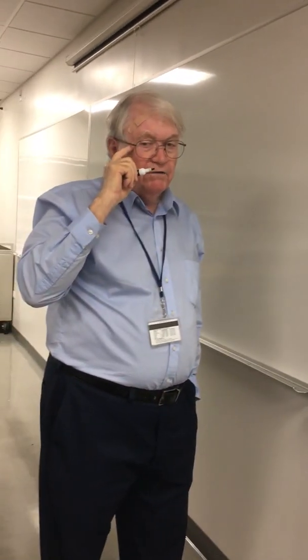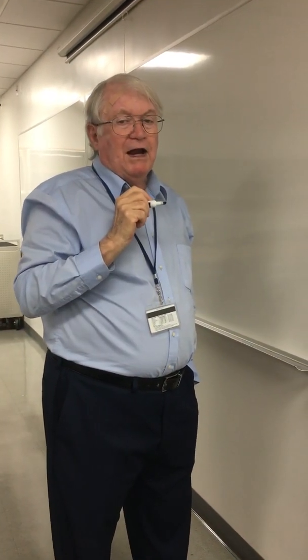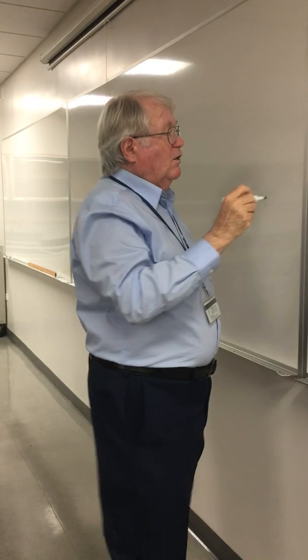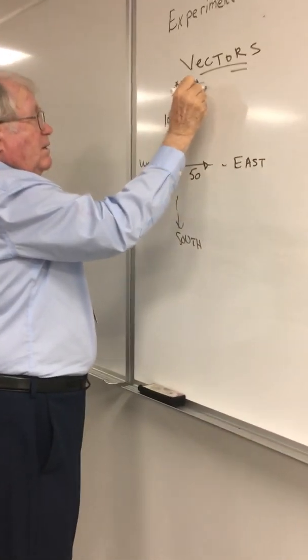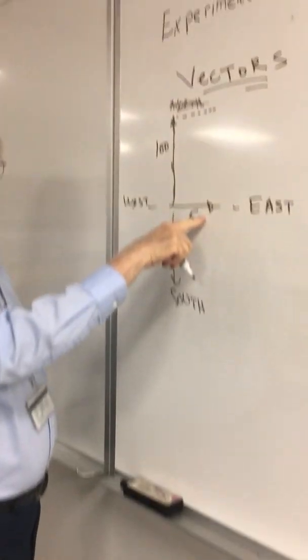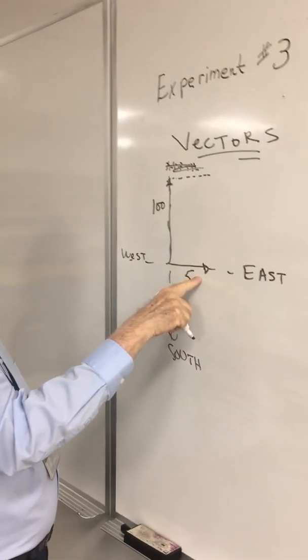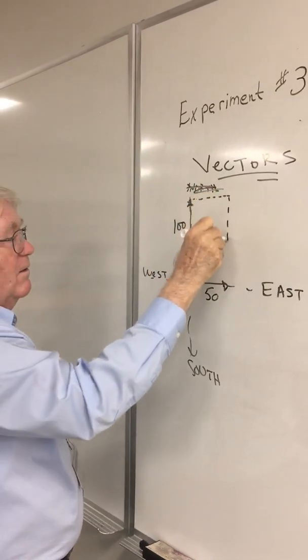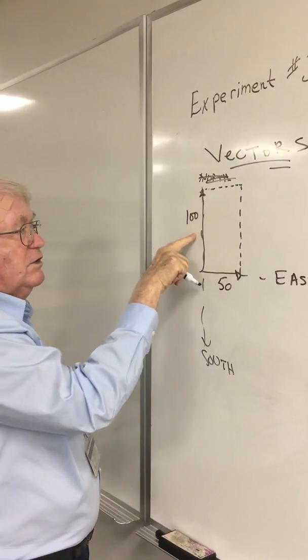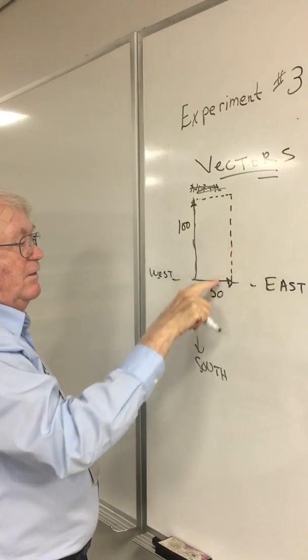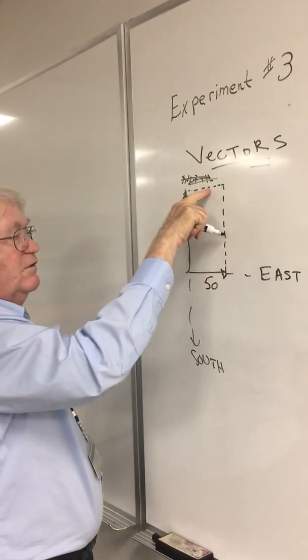Now the way we solve this vector is to complete the parallelogram. And all that means is you draw a line here, like that, parallel to this line, and a line here, which is parallel to the 100. So if this is 100, then this is 100. If this is 50, then this is 50.